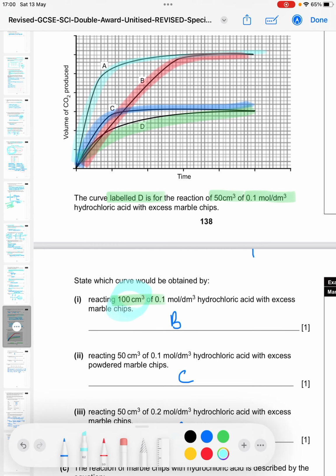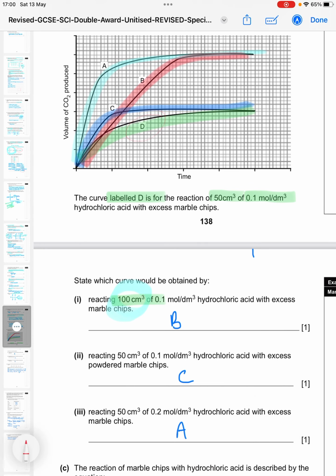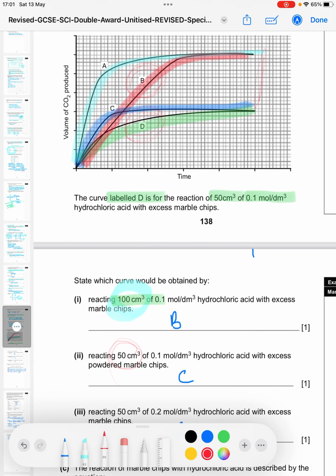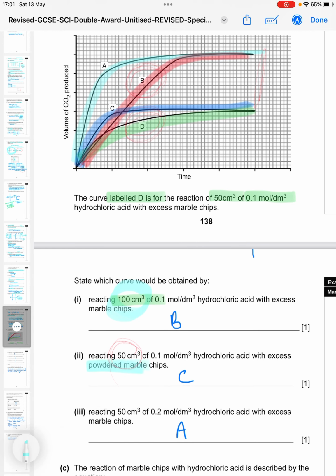It's twice as much. So where D was very low down there, so this was D. So B is going at the same speed roughly as D, but given twice the volume of gas produced. You see the difference there on the graph.